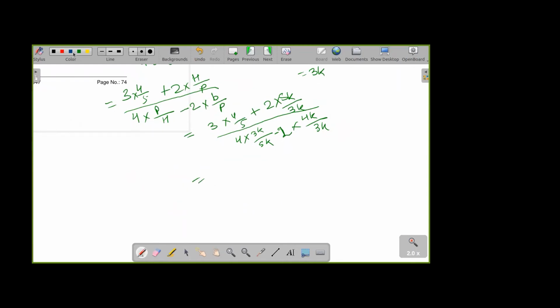So now the k's will be cancelled out, and it will be 12 by 5 plus 10 by 3, and here it will be 12 by 5 minus 8 by 3. So if we take the common denominator, it will be 15, and then 5 threes are 15, 3 twelves are 36. Addition of fractions, everyone knows, right? I don't need to explain.